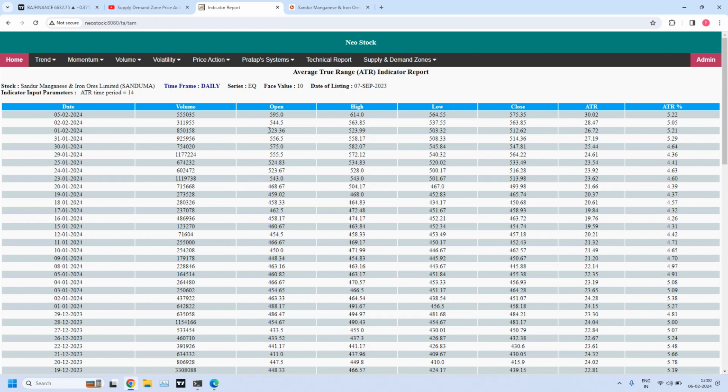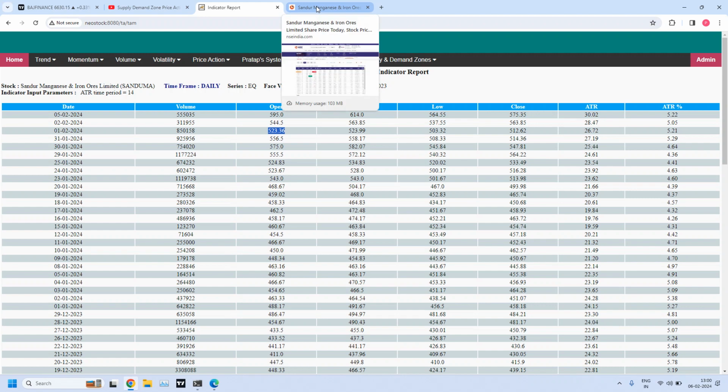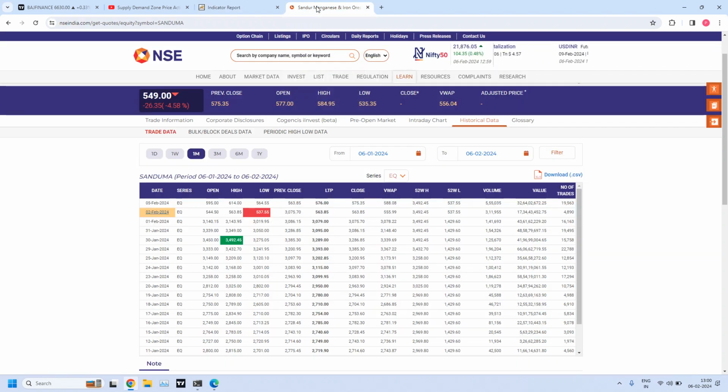So here 523.36 is the open price. And what is NSE data? On first, it is 3140.15. See here, 3140.15.